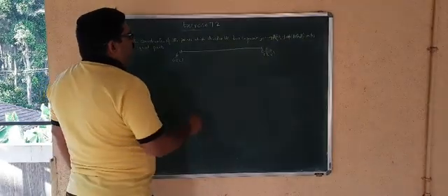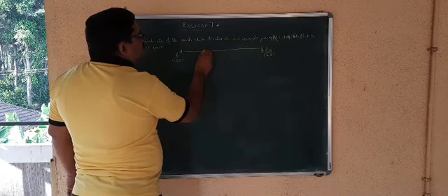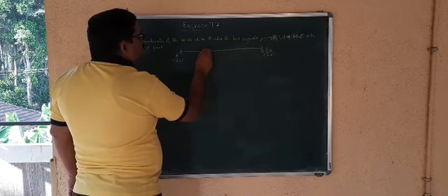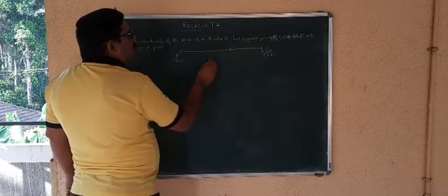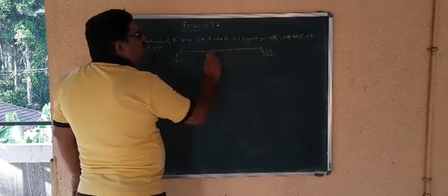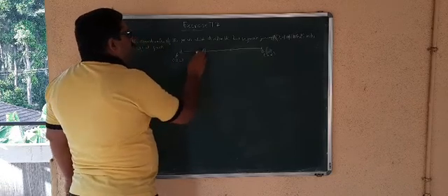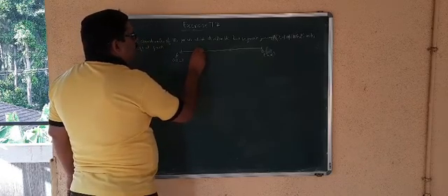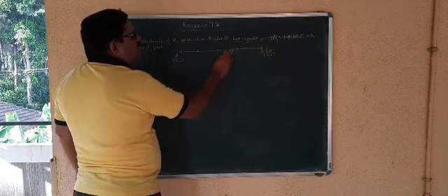For that purpose, we have to mark 3 points. For 4 parts, we need this is the first point, this one is second, and this one is third.